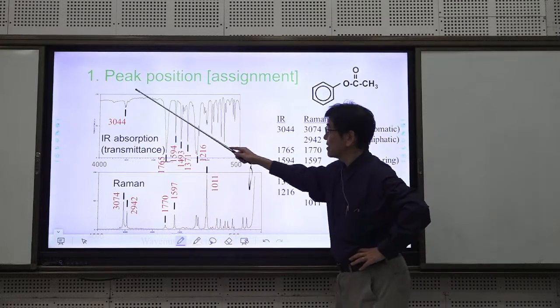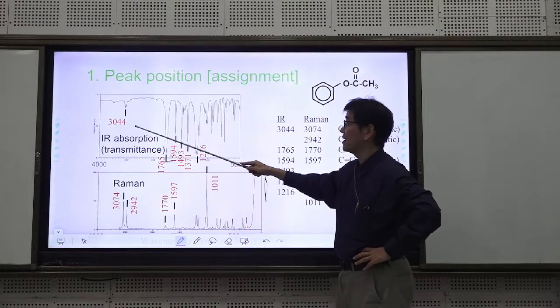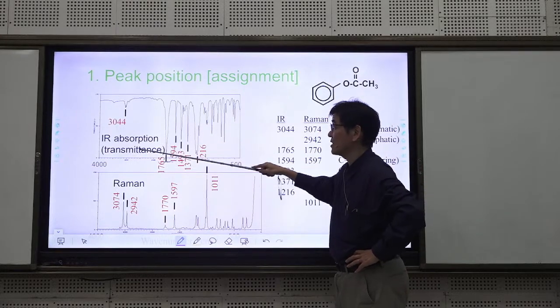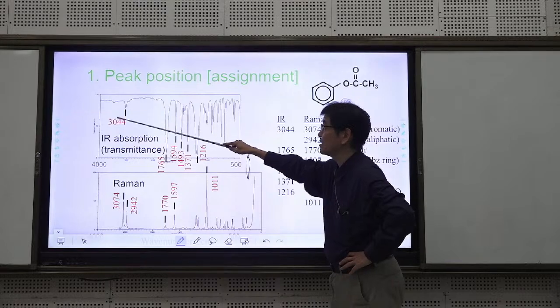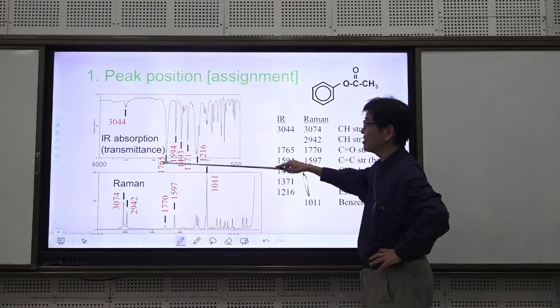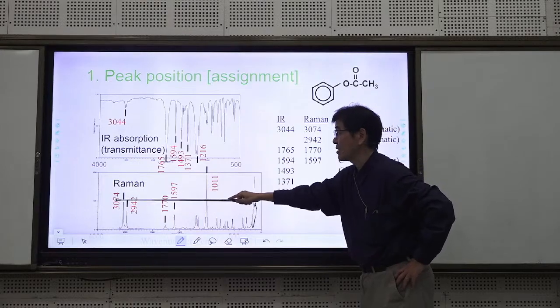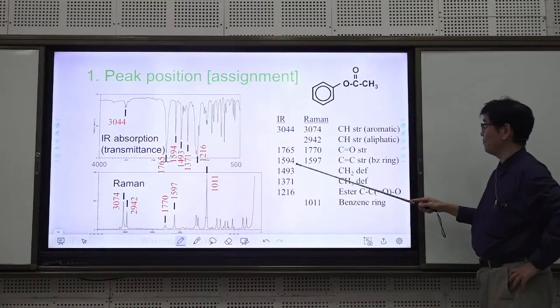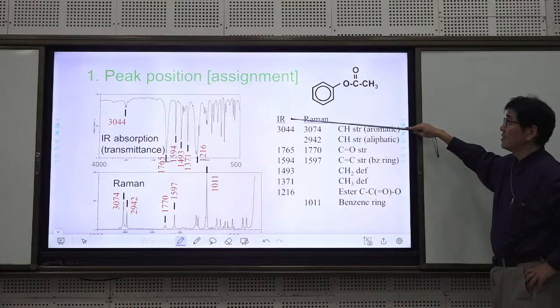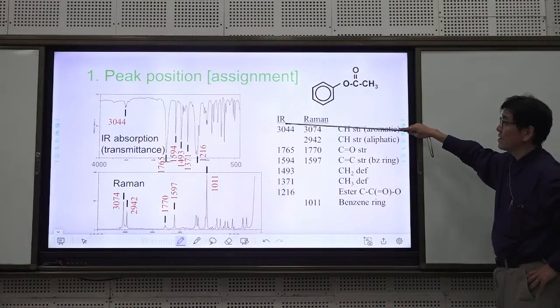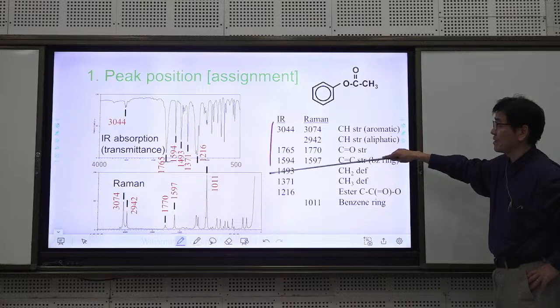In this case, the peak positions in the IR absorption transmittance spectrum are 1344, 1765, and so on, listed here. In the Raman spectrum, we find the peaks in these positions. Here is a list of the observed peaks.